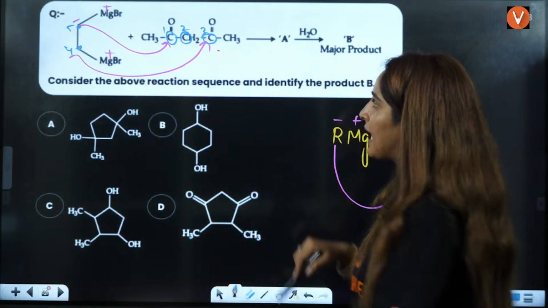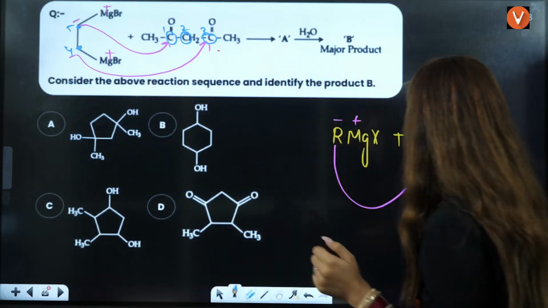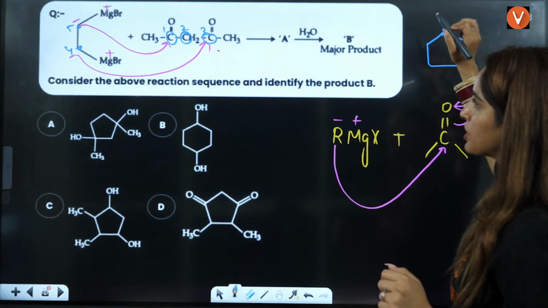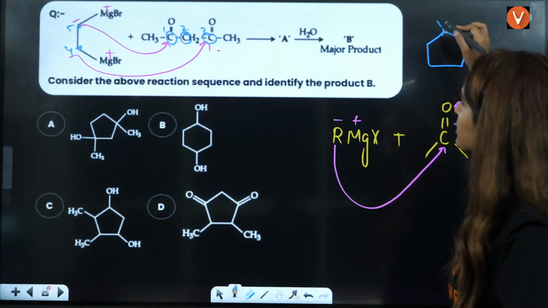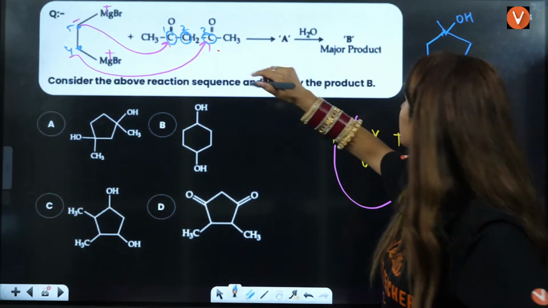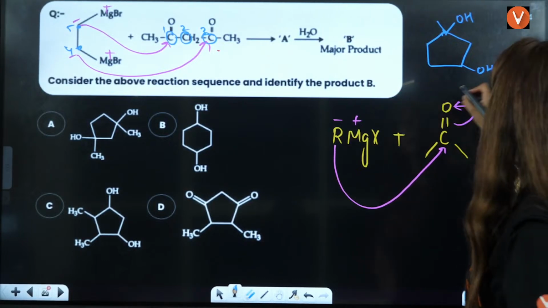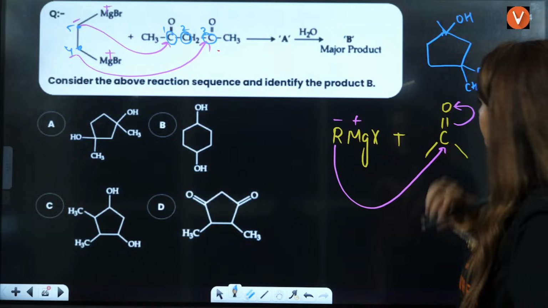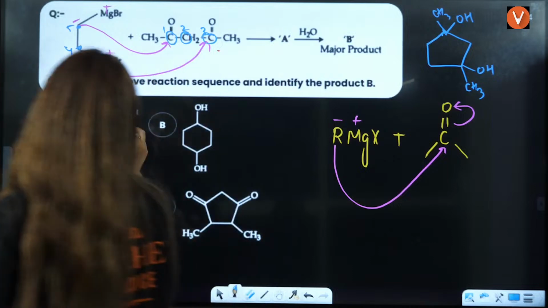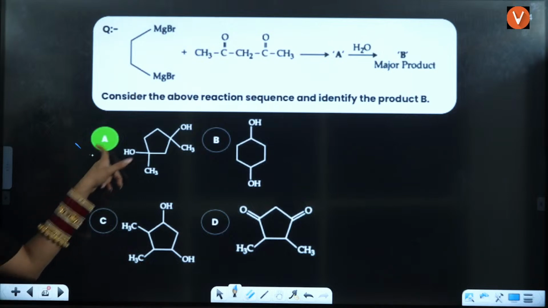On the first position, let's say I am drawing it like this, you will have 1 CH3 and 1 O negative that will convert to OH. Then on the third position, you will have 1 OH and 1 CH3 here. So this is the structure that you will get. On this and this position, that means A is going to be the correct answer.